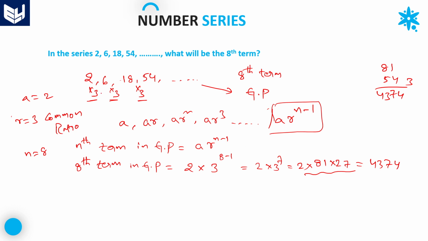Therefore, our required answer, the 8th term in GP, is equal to 4374. Once again I am telling, nth term in GP is A into R power n minus 1.